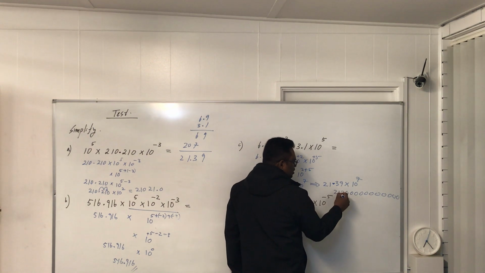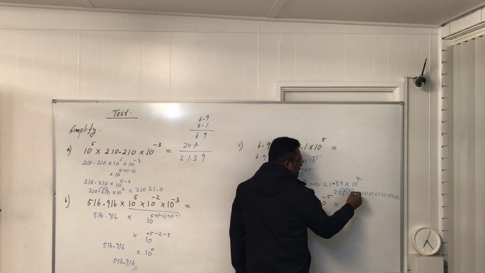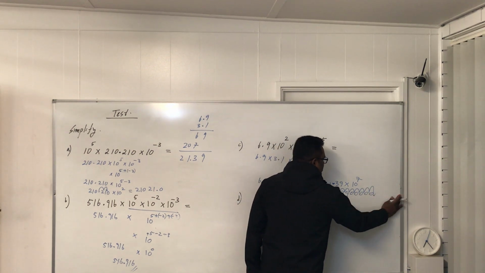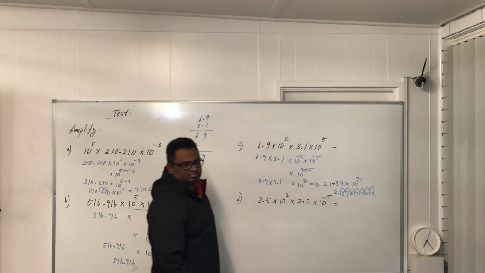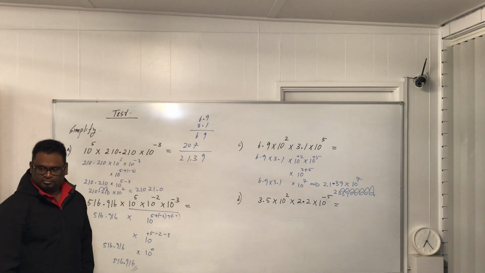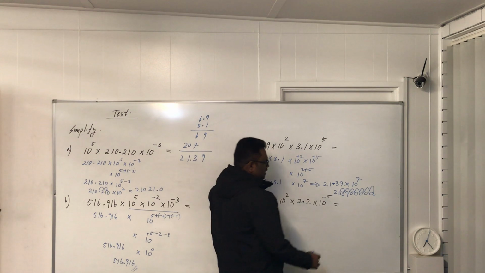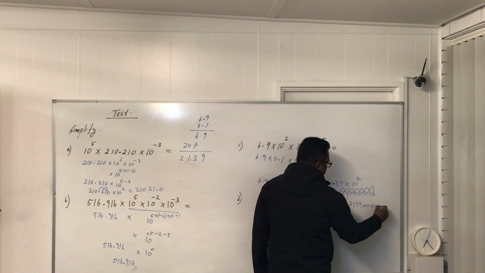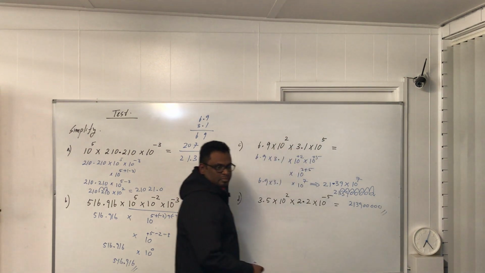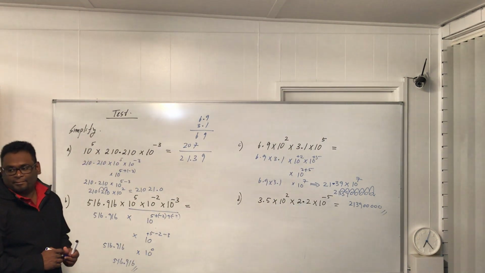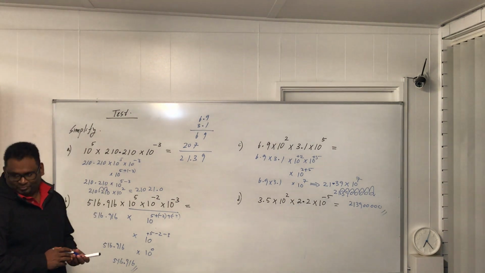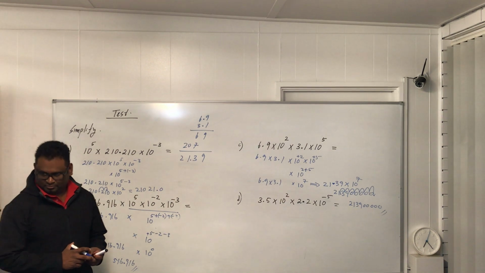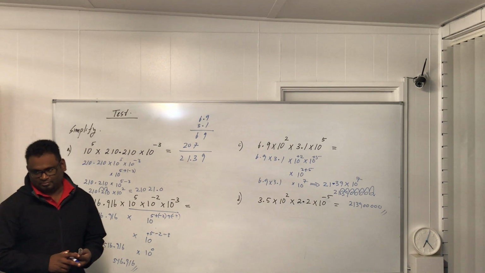You go 1, 2, 3, 4, 5, 6, 7. Dot. Erase the rest. So the answer would be 21390000. That's all. Kind of like that, instead of looping and going up to 7, you could just write 7 zeros from the decimal.